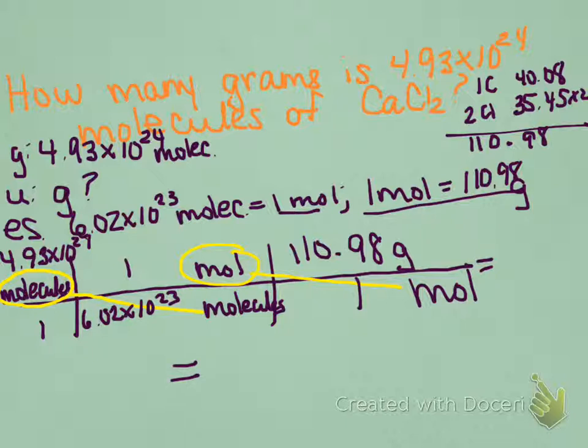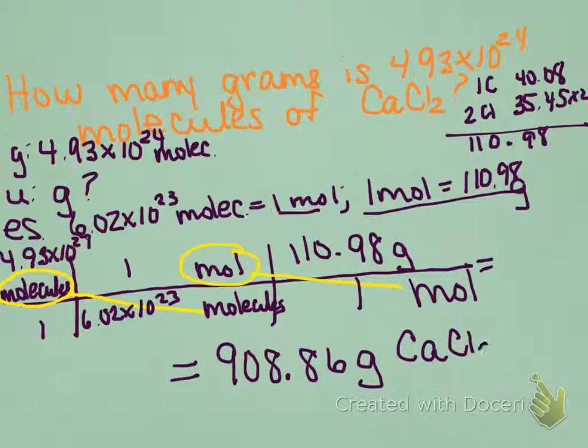When we plug this all into our calculator, we're going to get 908.856, so I'm going to round that to 908.86. Our units are going to be grams of calcium chloride.